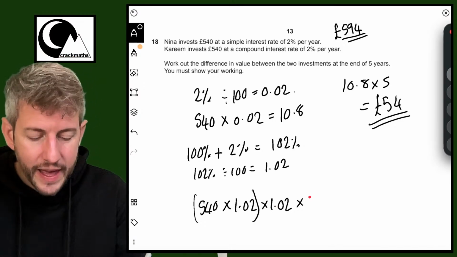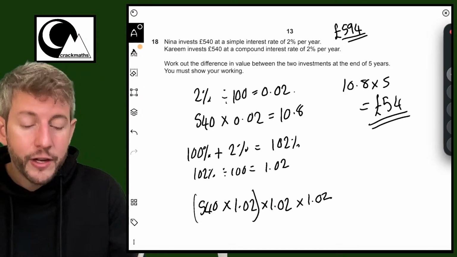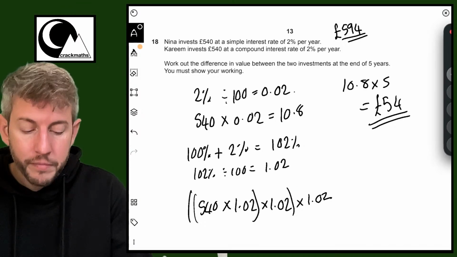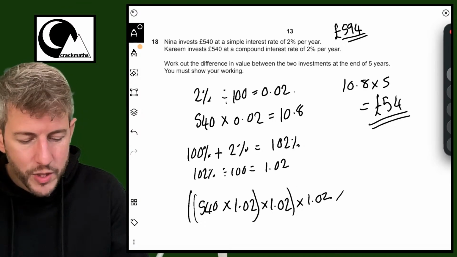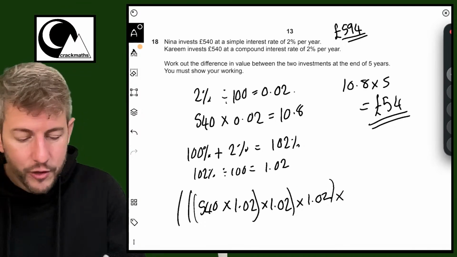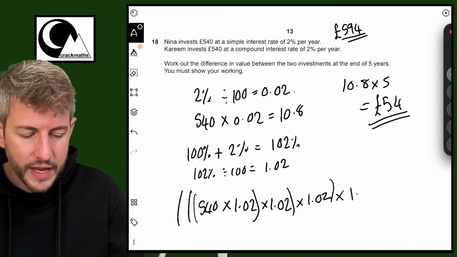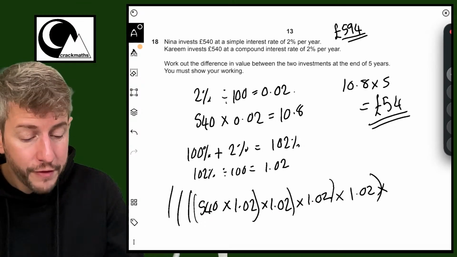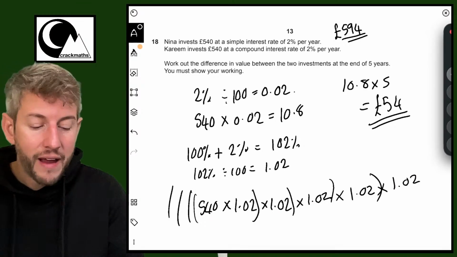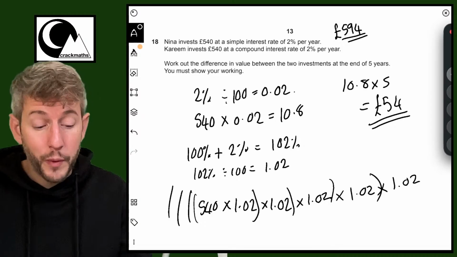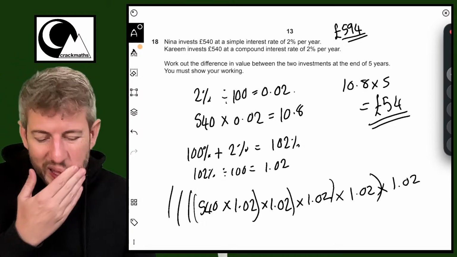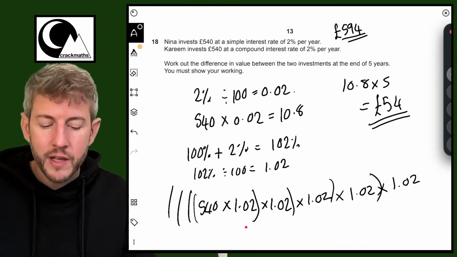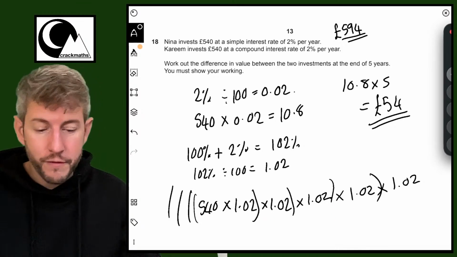So then we'll do it again, and that'll increase this value by 2%. Then we'll do it again, and that'll increase this value here by 2%. And then we do it once more for the 5th year, and that'll increase the last value by 2%. So what we get here is 540 times 1.02 5 times.